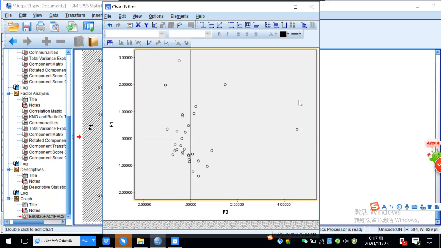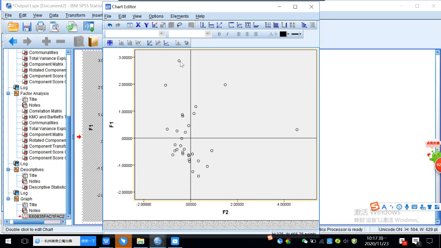So this is the rich area. And here, these 4 areas are developed areas. And here, all of these areas, F1 less than 0, F2 less than 0, it's developing area.